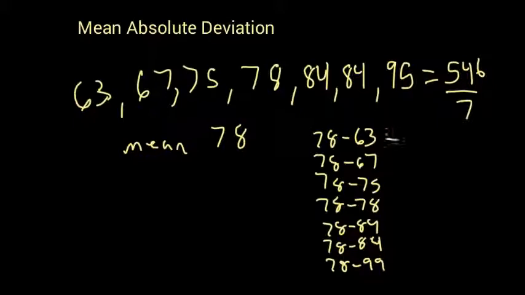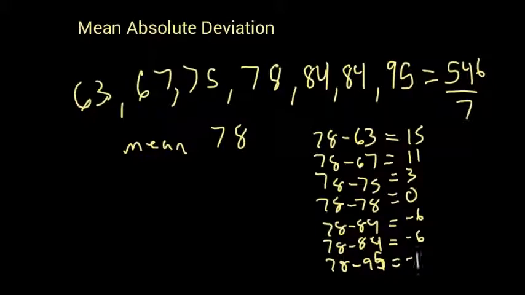So 78 minus 63 is going to be 15, minus 67 is going to be 11, minus 75 is going to be 3, minus 78 is going to be 0, 78 minus 84 is going to be a negative 6, and, oops, that should be 95, not 99, and that's going to be a negative 17.